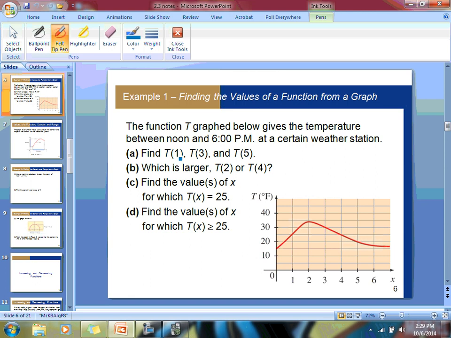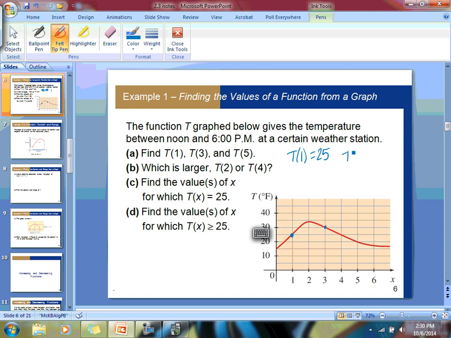Now 1 means that's the x value that I'm going to put into the function. So I'm going to go down here to 1, and I'm going to come up here to right about 25. So T of 1 would be 25. T of 3, again, I'm going to go to 3, right up to about there, and that's 30.